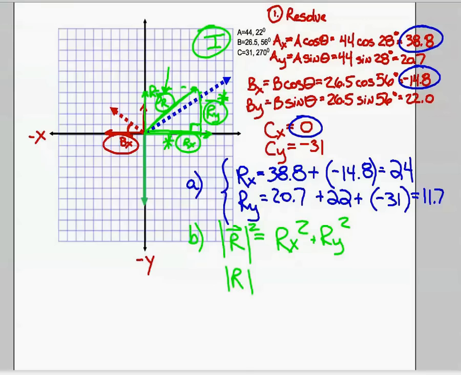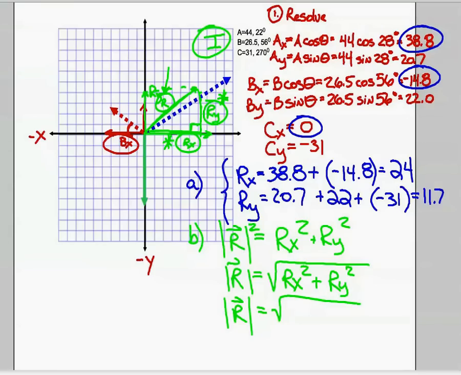Solving for the magnitude R, I can take the square root of Rx squared plus Ry squared. Substituting those numbers in, root 24 squared plus 11.7 squared. Once I run that through my calculator, the magnitude of my resultant is 26.7 units.